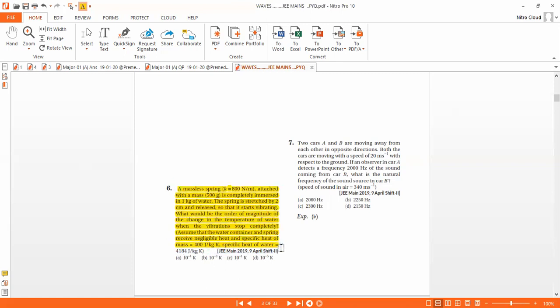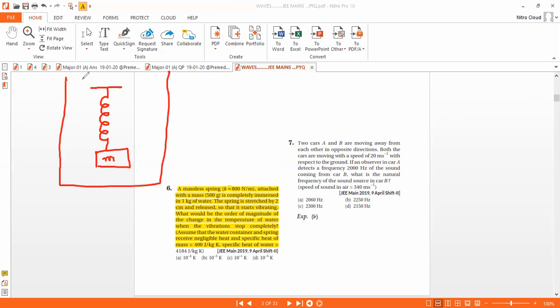That means initially we are having a massless spring. Suppose I'm having a massless spring attached with a mass. Here I'm having a mass. It is completely immersed in water, like this.